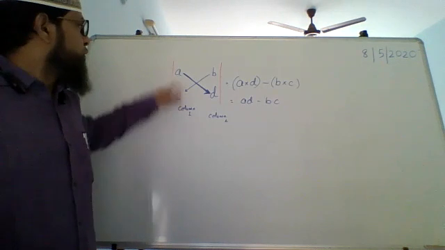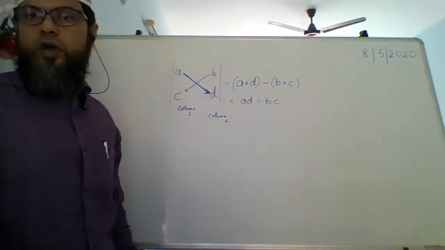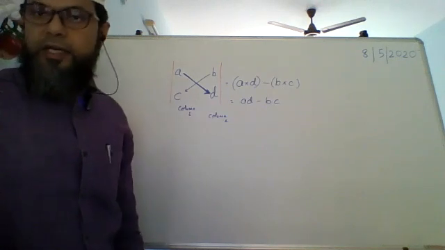Okay, so we say AD minus BC. This is how we are going to solve any and every determinant.